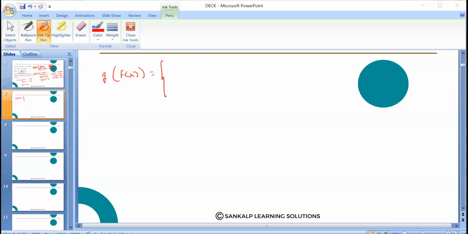The first one we will take x in the interval minus infinity to minus a, union minus infinity to 0, both.